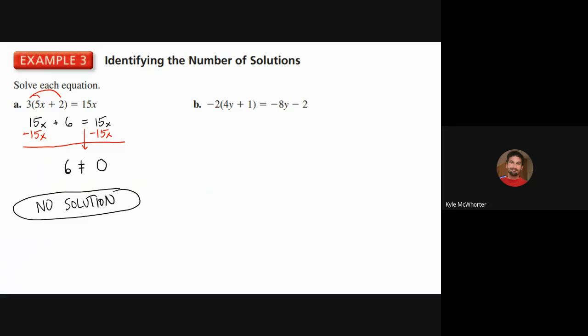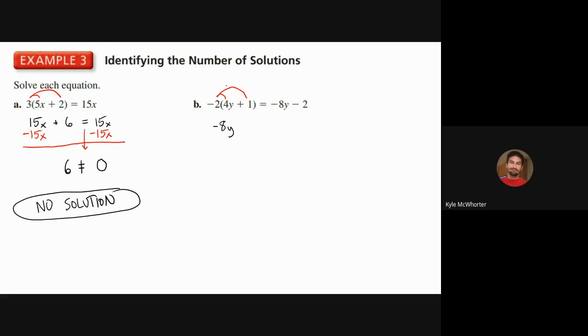So then B, let's simplify the left side. We have distributive property to do over here. Negative 2 needs to get distributed through those parentheses. So negative 2 times 4y would give us negative 8y.